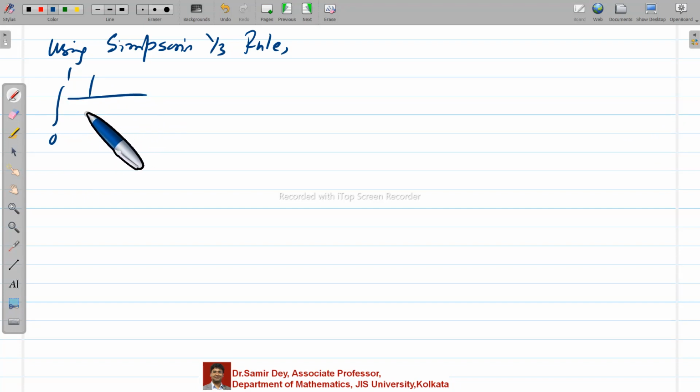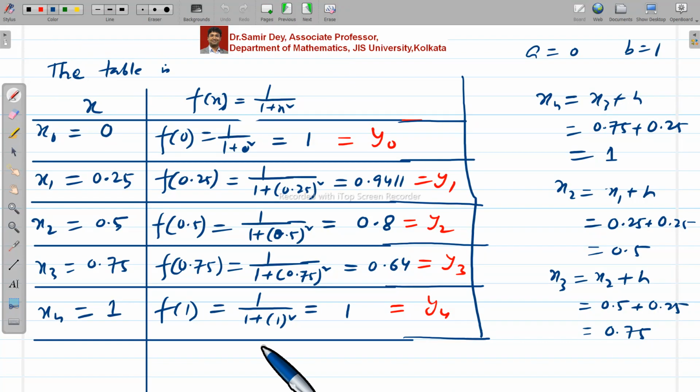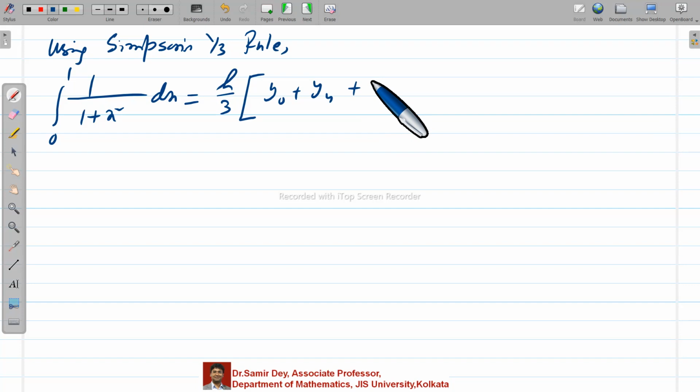This formula should be based on your exact formula. The integral of the function dx is equal to h by 3 into y0 plus y4, the first term and last term, plus 4 into the odd terms, y1 plus y3, plus 2 into the even term only.